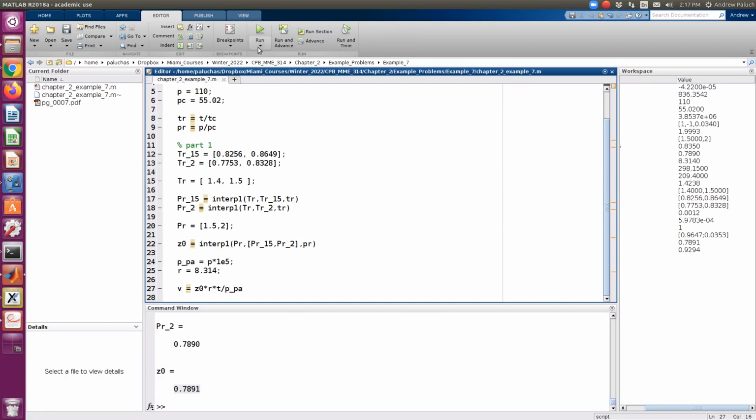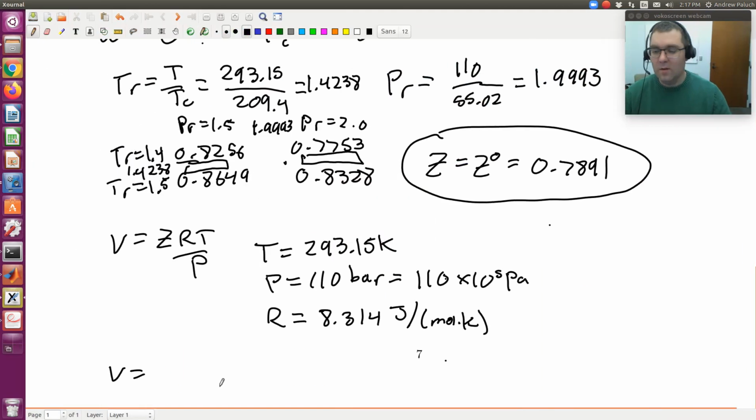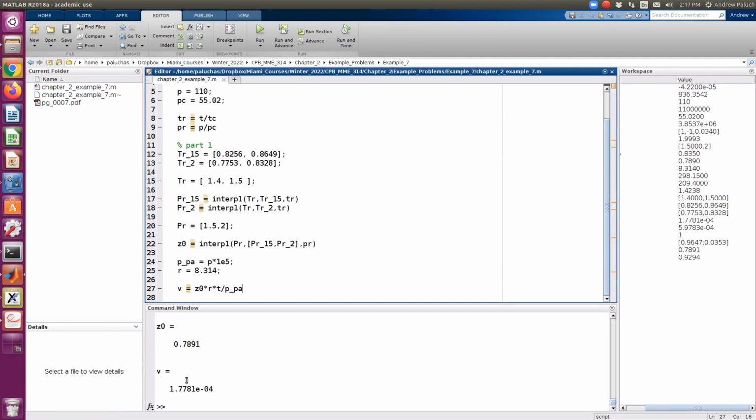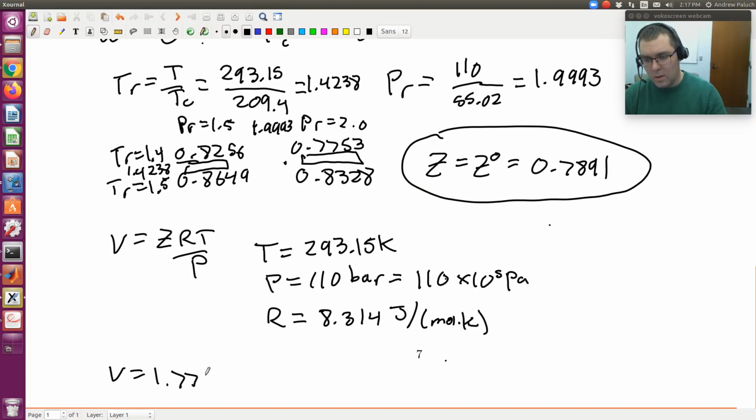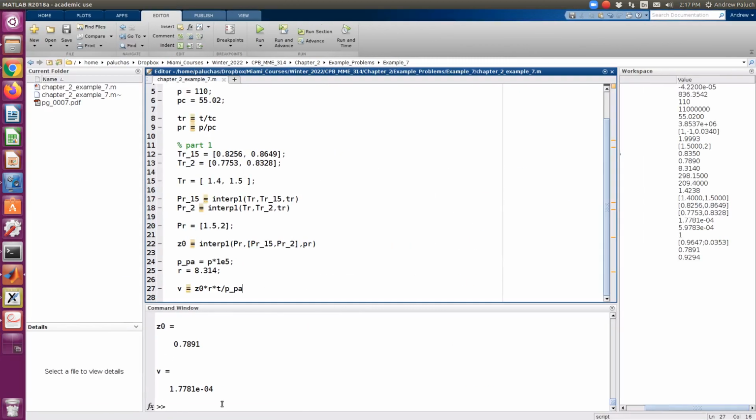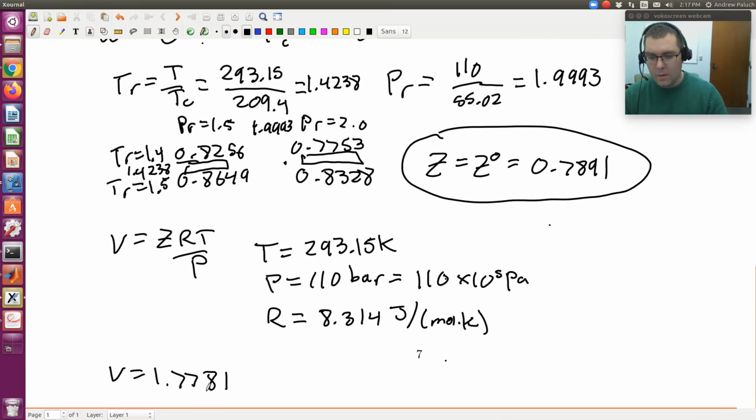So ZRT over P. I get a V of 1.7781 times 10 to the negative 4 meters cubed per mole.